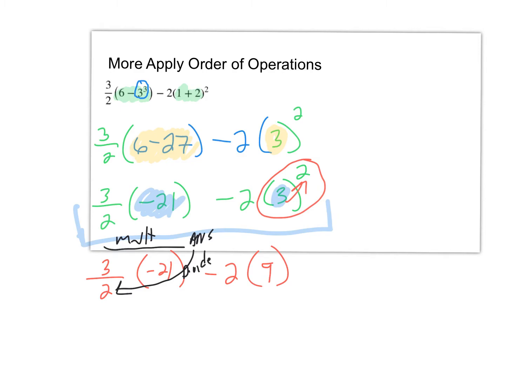If we don't, we write the ugly fraction. So here we go. 3 times negative 21 is negative 63. We're going to take negative 63 and divide it by 2. Does that come out nice? The answer is no. So you write negative 63 divided by 2.